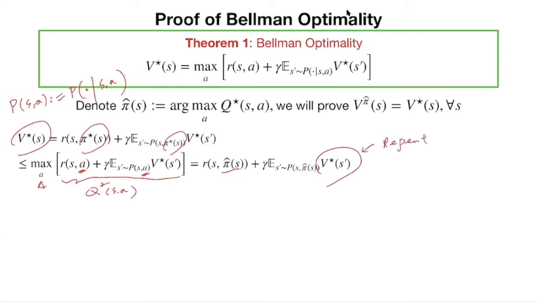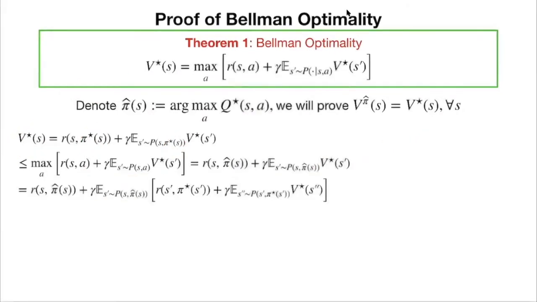Let's repeat the same process that we had for v star s at v star s prime now. You start by writing this using the Bellman equation, so that's what we get. I'm just writing v star s prime out using another Bellman equation application.